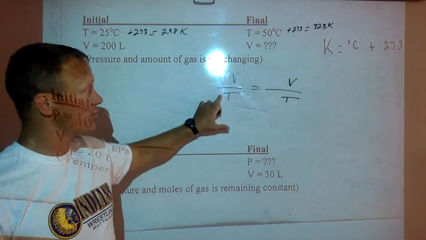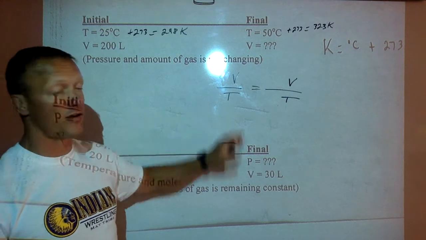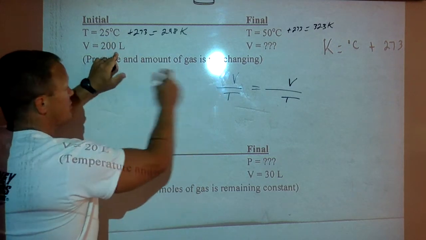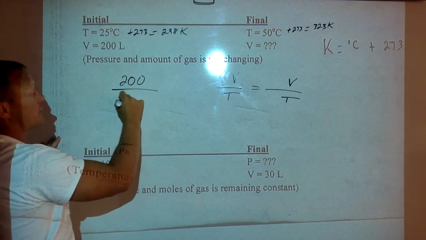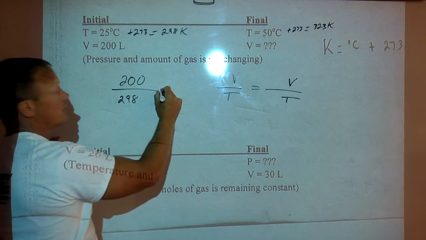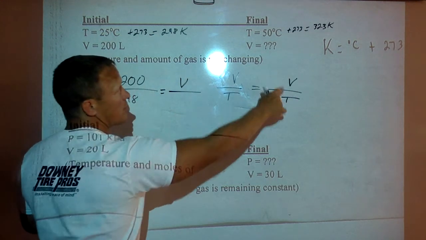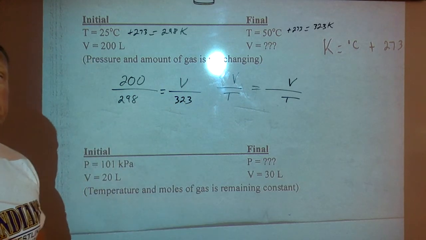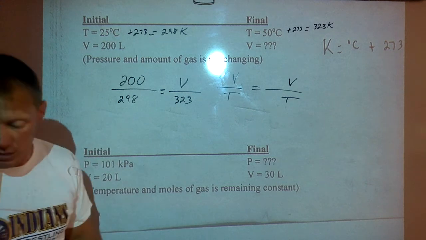So now we have V over T equals V over T. That's a direct proportion, remember. As temperature increases, volume goes up. So just plug in our numbers. The gas takes up 200 liters of space at a temperature of 298 Kelvin. What volume will it take up at 323 Kelvin? We're going to cross multiply and divide to get our answer.